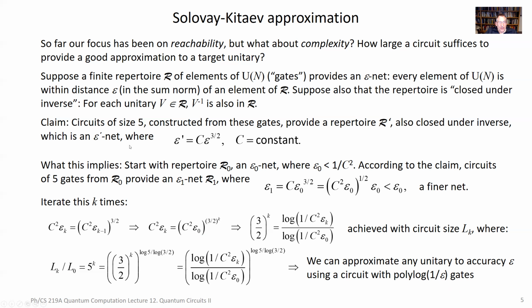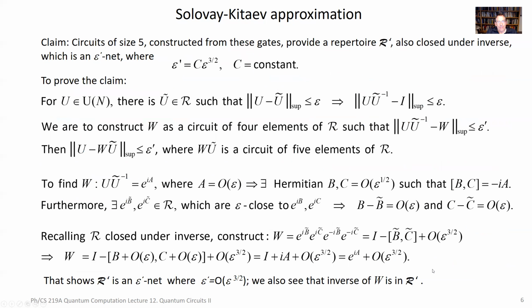So it remains to show the claim. I have to convince you that I can really do this. Okay. So we can say the following thing. Consider any unitary in U(N). That's our target, and we want to approximate it with a very small error.